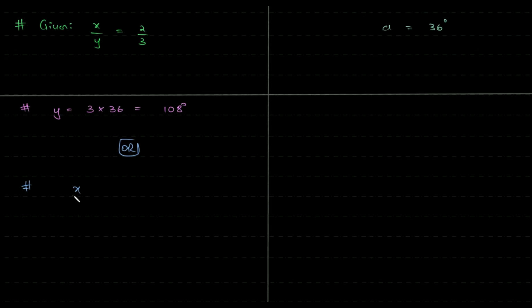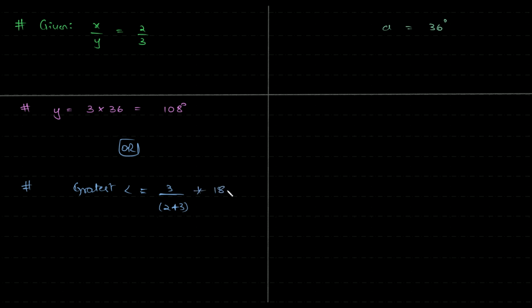So we can just tell X by Y, or the bigger angle, or greatest angle will be equal to, again, you don't need to write all of it, you can do it mentally also. It will be 3 by 2 plus 3, because they are in the ratio of 3:2. So we take the ratio which belongs to the greatest, that is 3, and divide by the sum of the ratio, that is 2 plus 3, right?